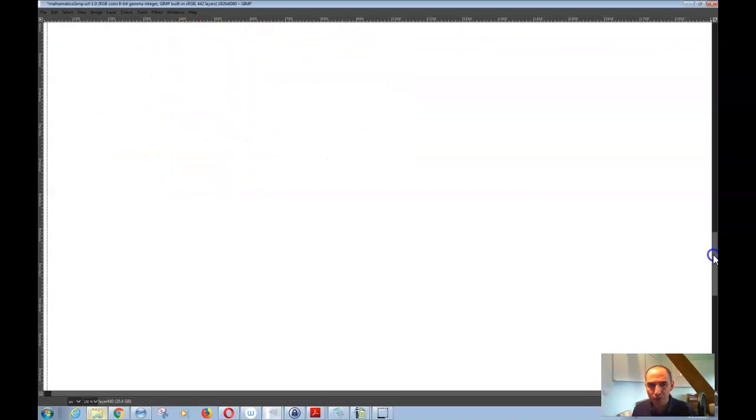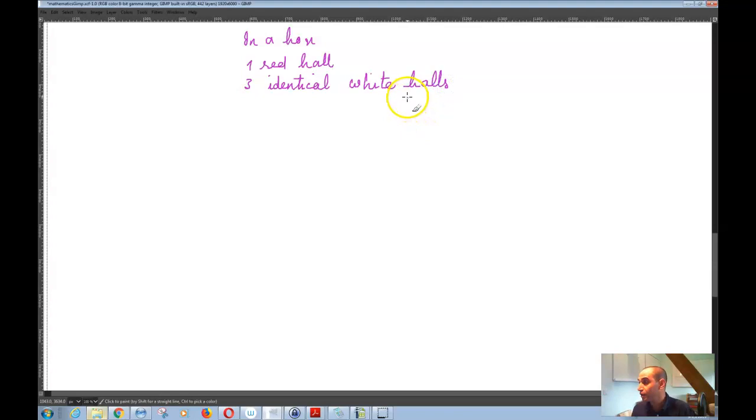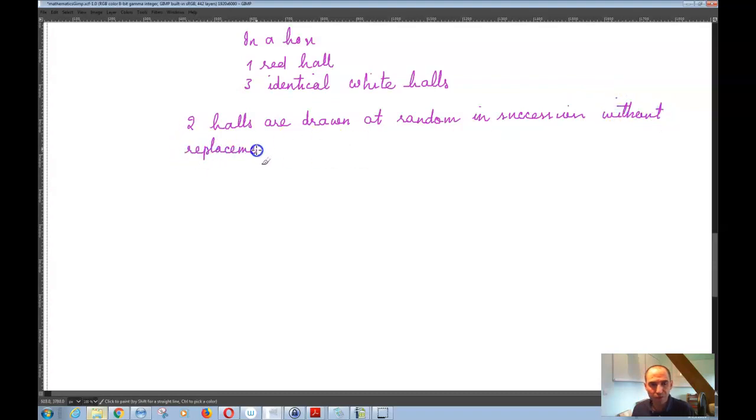So you have in a box 1 red ball and 3 identical white balls. 2 balls are drawn at random in succession without replacement. Write the sample space for this experiment.